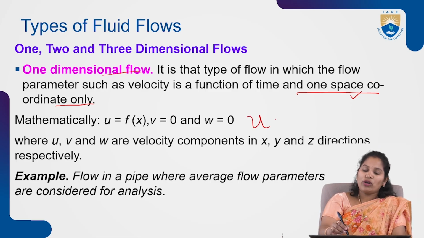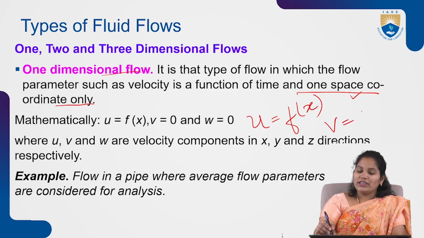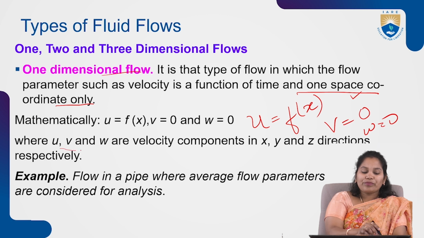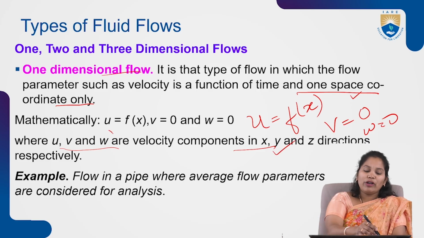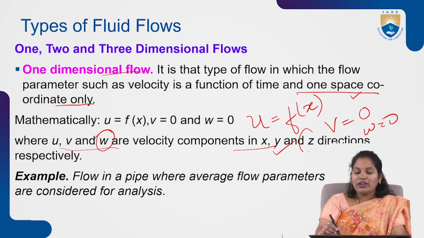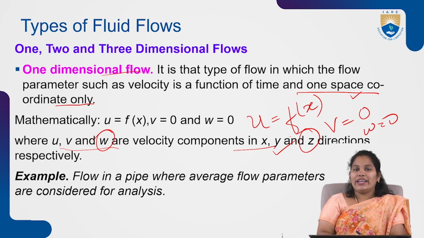The u, small u, is a function of x and v is 0 and w is 0, where small u is the velocity component in x direction, v is the velocity component in y direction and w is the velocity component in z direction.